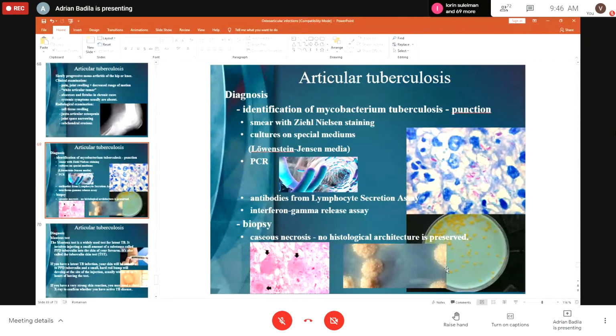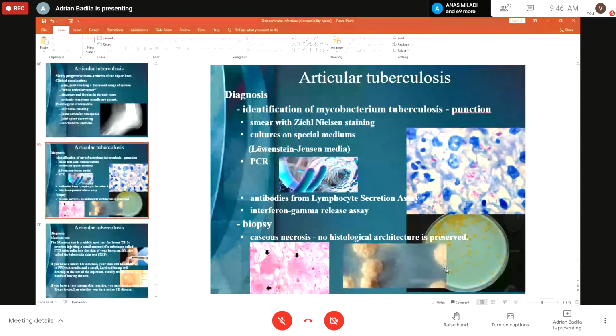On the right, you can see an image from a Ziehl-Neelsen staining, and the bacteria which are in purple are Mycobacterium tuberculosis.